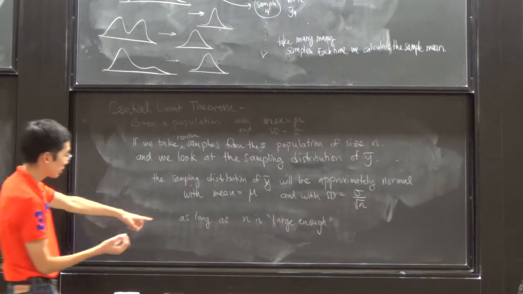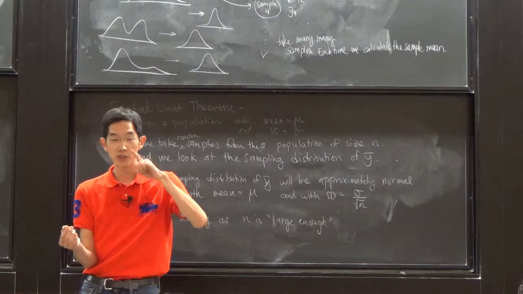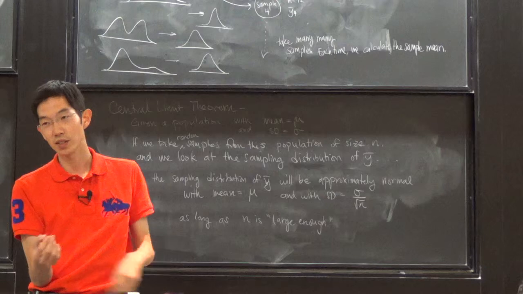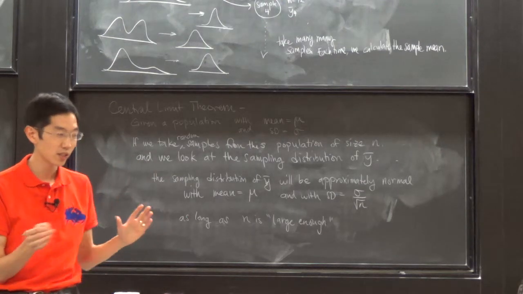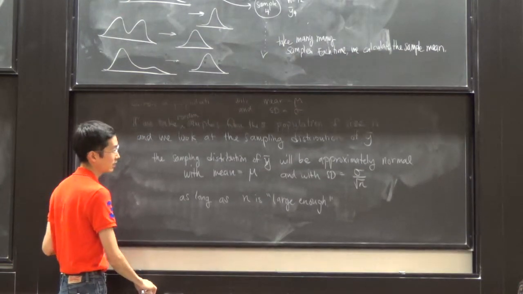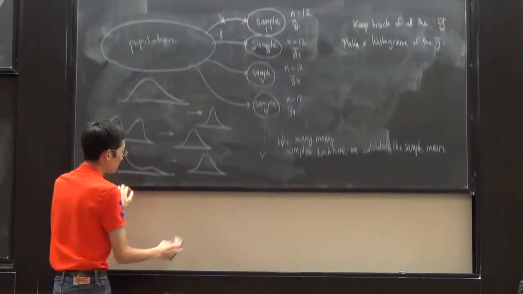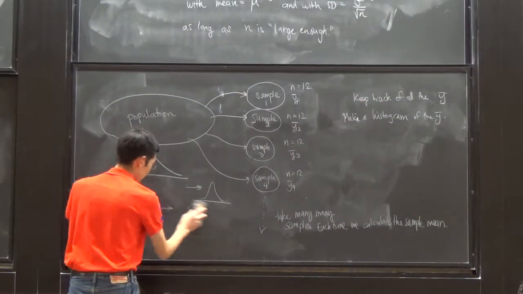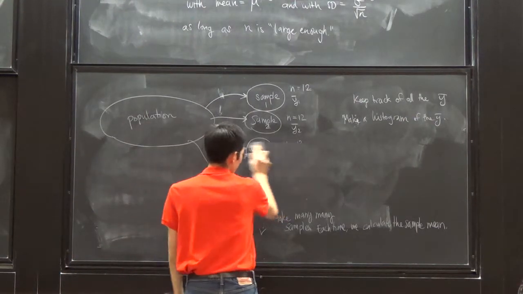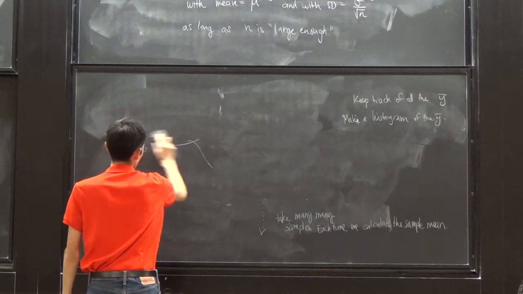Okay, so what does it mean for n to be large enough? Because we saw when n was small, it certainly wasn't normal looking. We had the thing with three peaks and all of these funny things that didn't quite look normal. So how large does n have to be? Well, it's a little bit of an arbitrary and vague answer, but this is what we have to say.